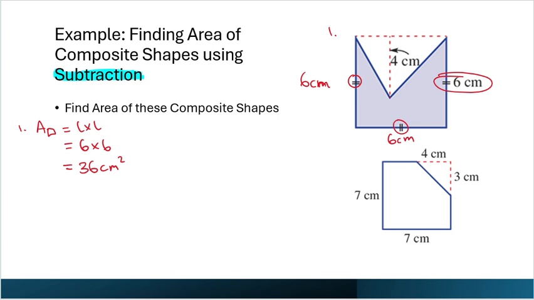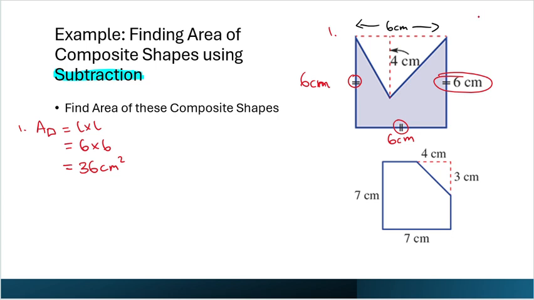Now, in this area here, shaded in black, as you can see, that is actually a triangle. So, just judging from what I can tell so far, the height of the triangle is 4 centimeters, and the base of it would be 6, okay?